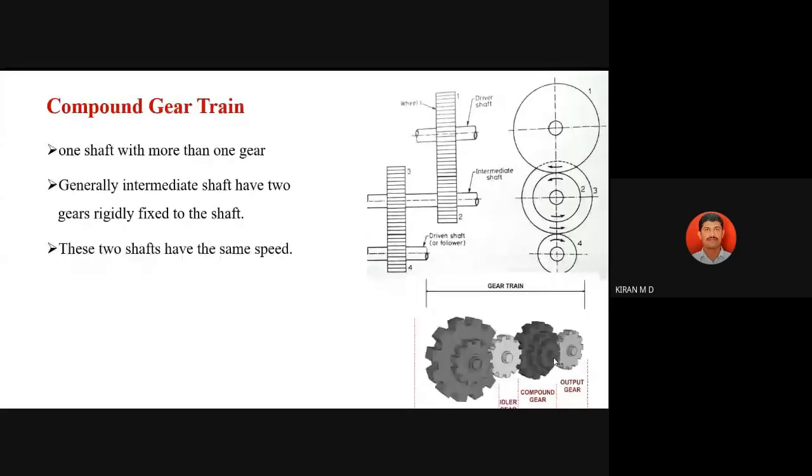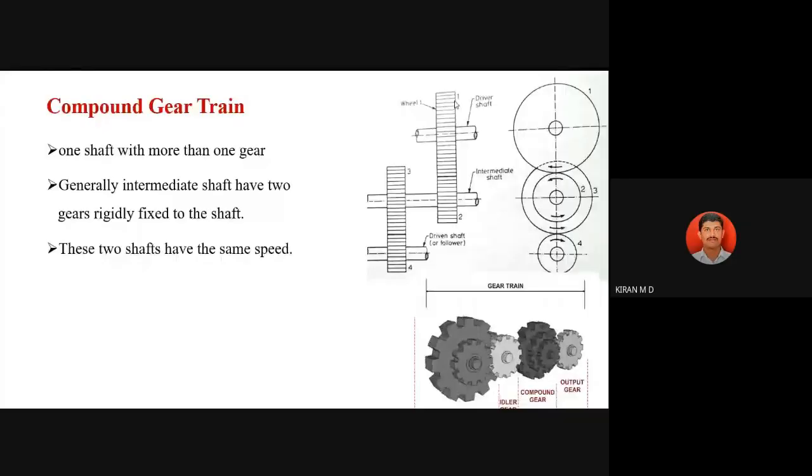Again, this one consists of three gears on the same shaft. Here, the larger one receives the power and the smaller one transmits the power. So you can see this in this figure.